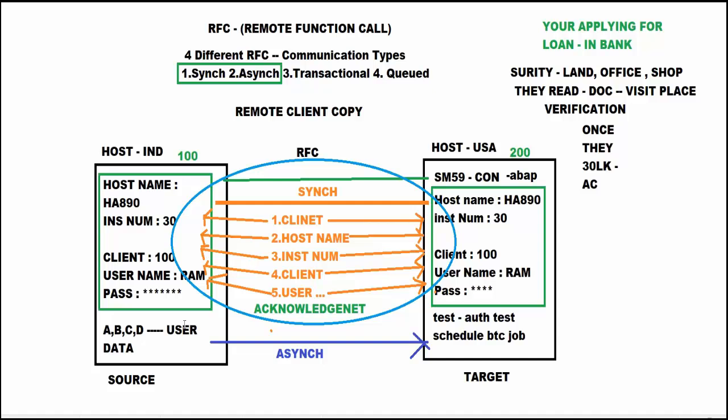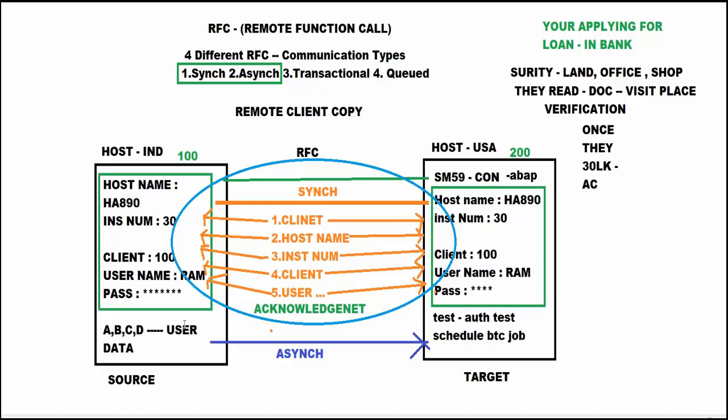Once they verified your documentation and visited your place, they release the amount to your bank. After releasing the amount, they don't require verification again. The verification step is done first, and only then they release the amount to your account.